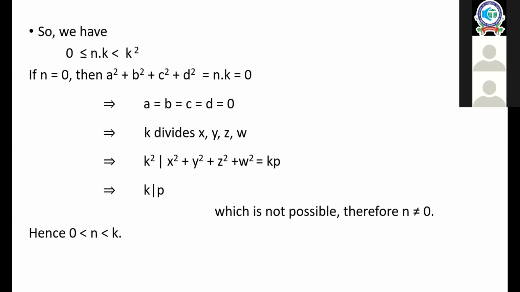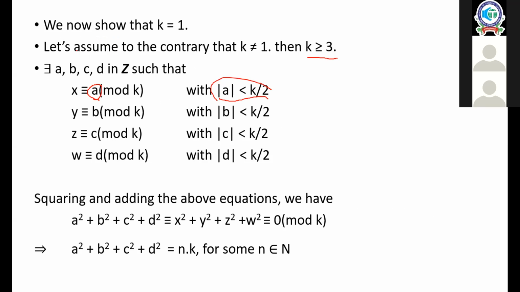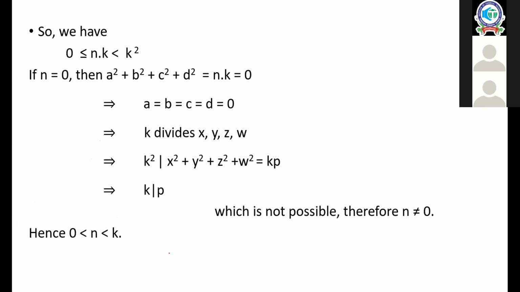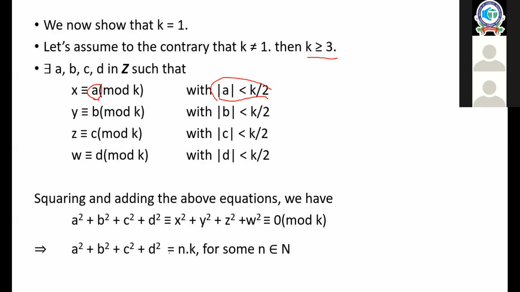Now if n were equal to 0, then a square plus b square plus c square plus d square will be equal to 0. Right. Which means that all of these are 0, which means that k divides x, y, z and w, because these were the remainders, right?